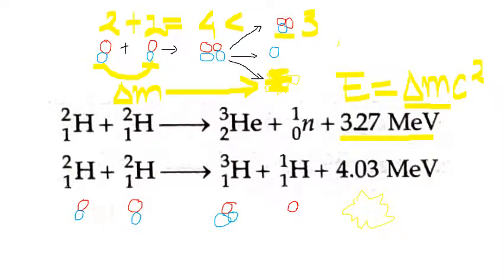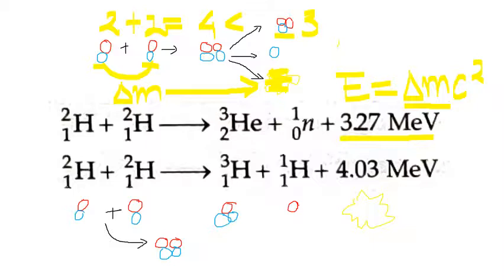These two deuterium are fused together. If they are fused together, what happens? They form a heavier nuclei. This heavier nuclei has two protons and two neutrons bound together.